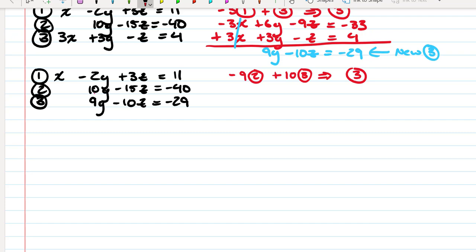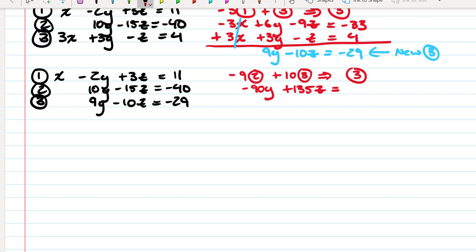So negative 9 times 10y is negative 90y. Negative 9 times negative 15 is positive 135z is equal to negative 9 times negative 40.